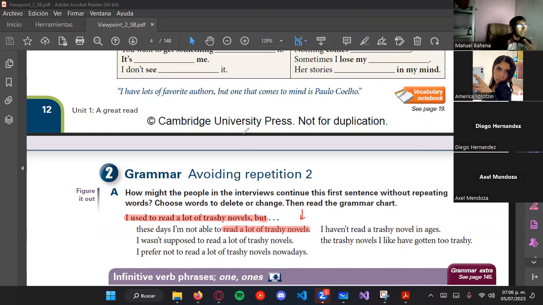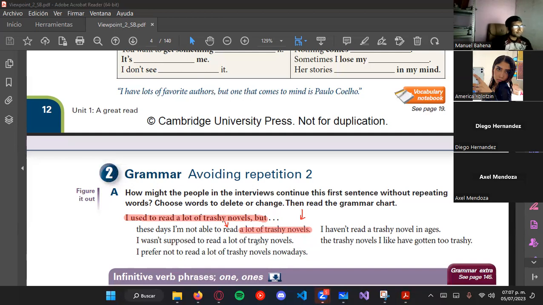But for example, if we are just trying to not repeat this, but using the verb, to read them.